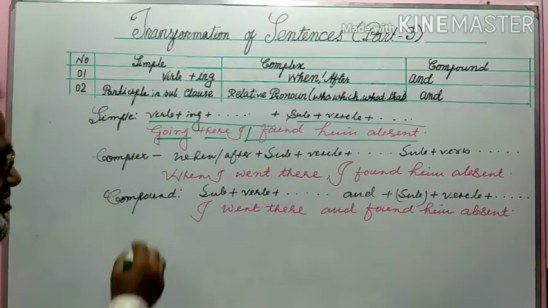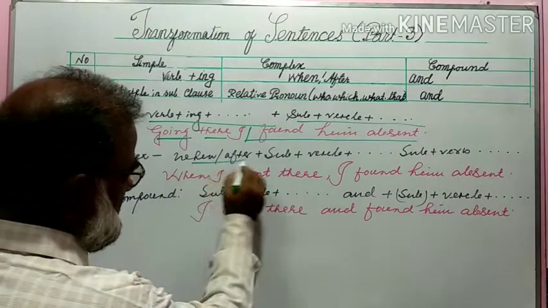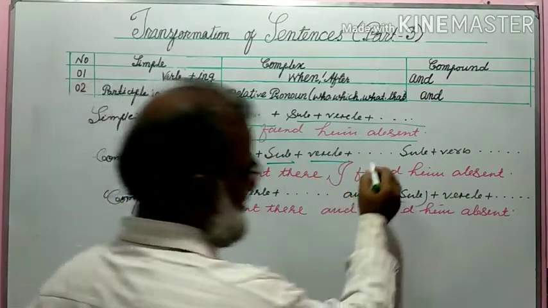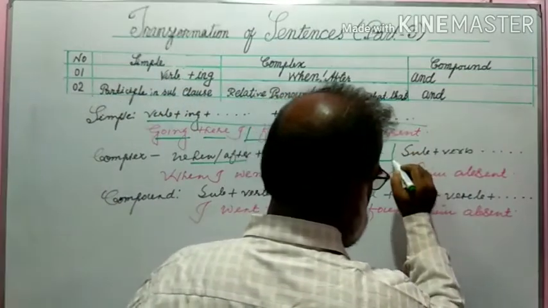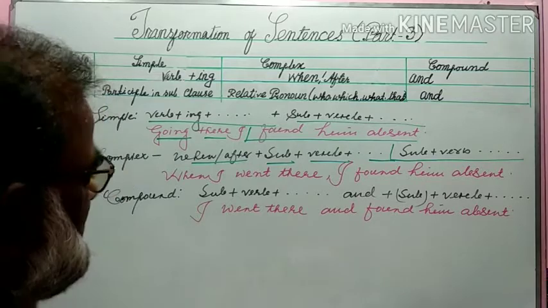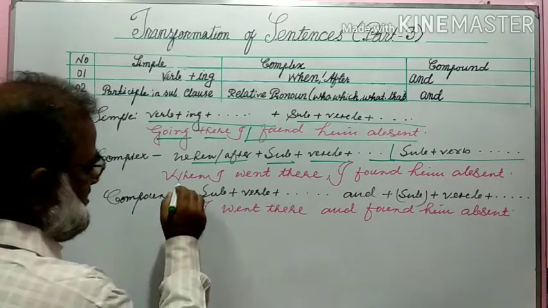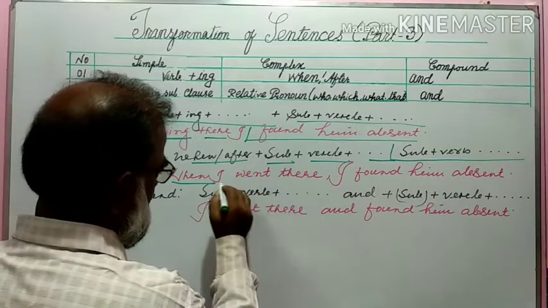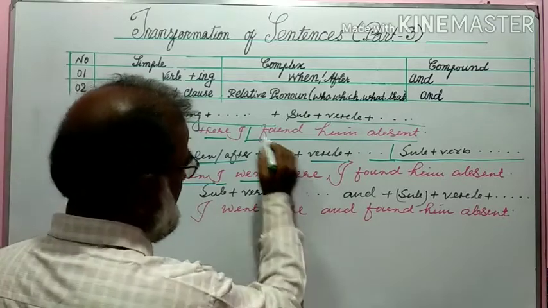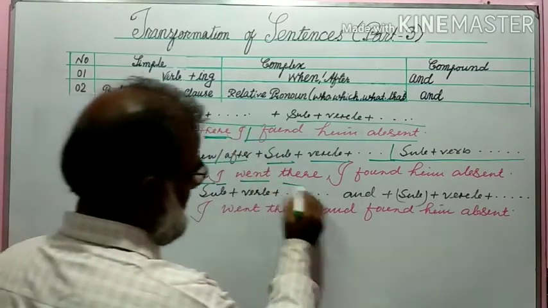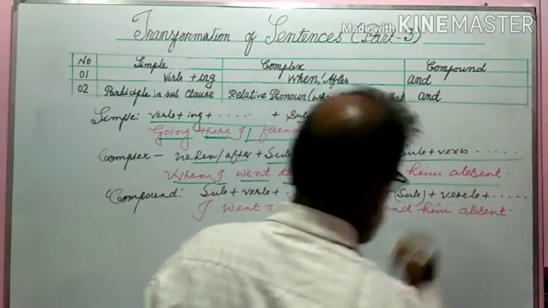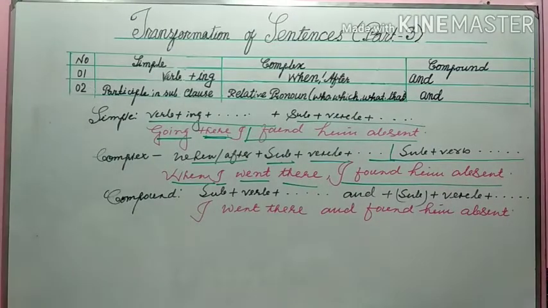In complex, the structure is when or after, then subject, verb, then extension, then the principal clause that will come from the simple sentence in unchanged position. So the sentence is: when I went there, I found him absent.